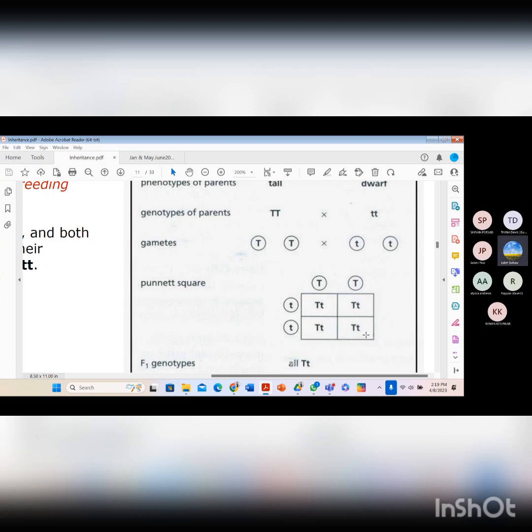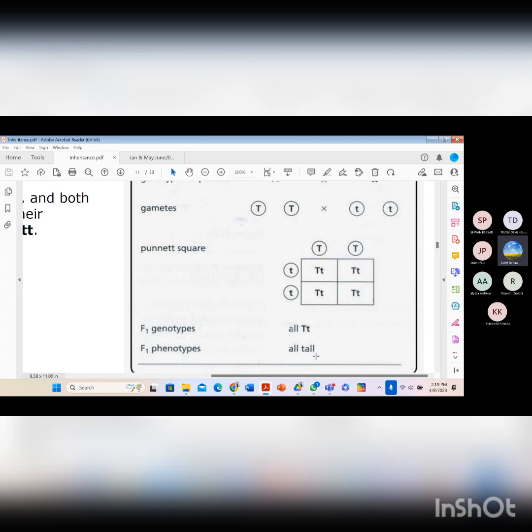Is it tall? Is it dwarf? Would it be in between tall and short? No, in this case, because you have a capital letter, it will be expressed over the recessive form. Because small t is recessive, the dominant allele, capital T, will be expressed. So therefore, all will be tall in this case.